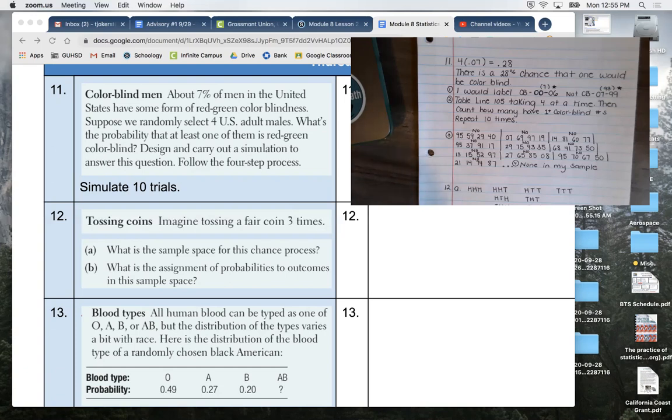So what I would expect is that if I had done this 100 times, instead of only 10 just to get a feel for it, about 28 of them would have somebody colorblind within them, within the numbers.